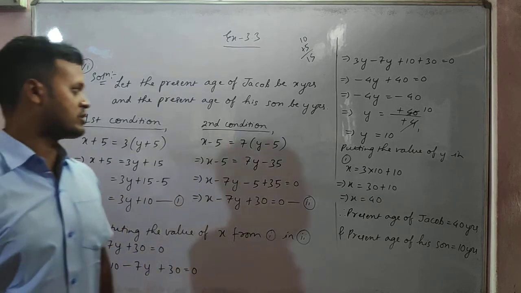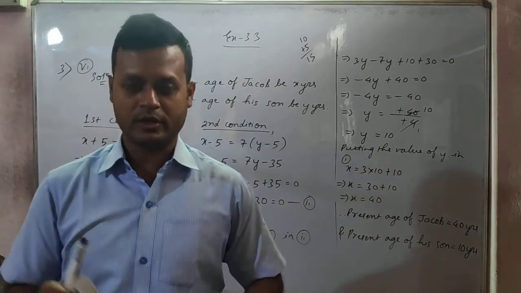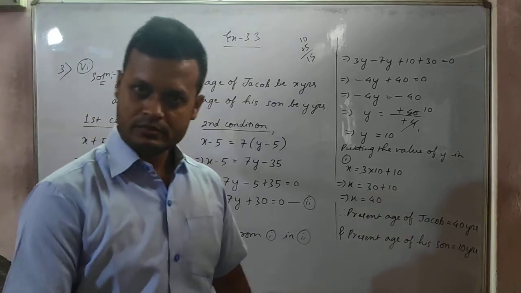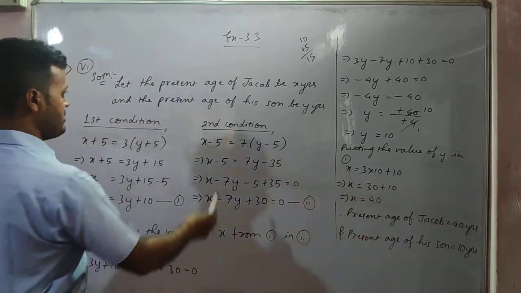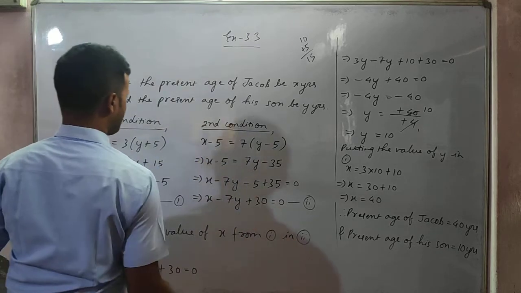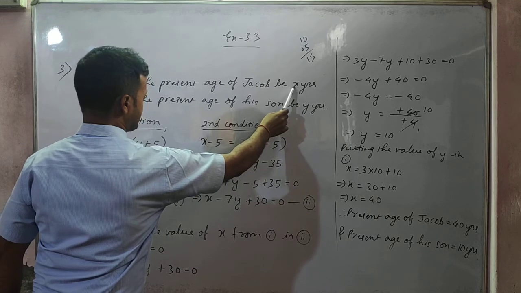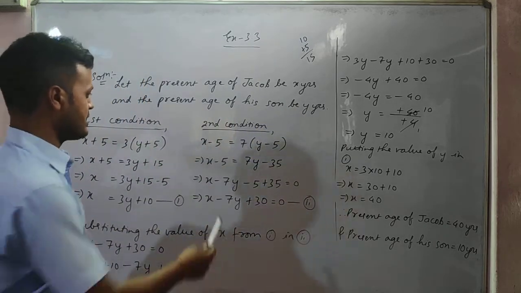And the second condition, students: 5 years ago, Jacob's age was 7 times that of his son. 5 years before means 5 years ago. So if Jacob's present age is x years, what will be his age 5 years ago? X minus 5.